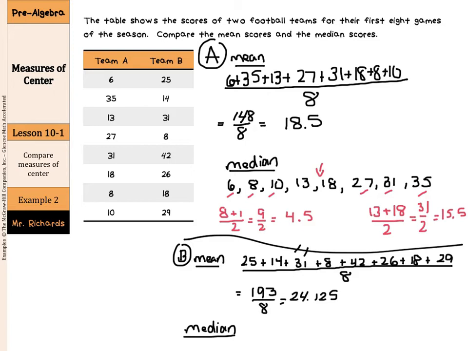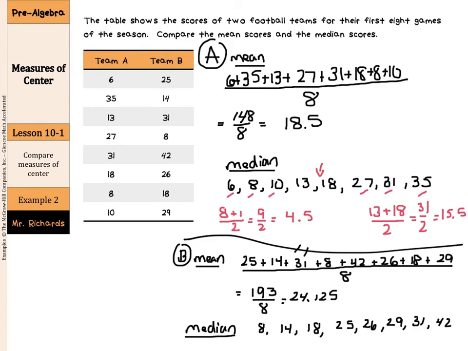Their lowest scoring game was 8, followed by 14, then 18, 25, 26, 29, 31, and 42. And again, it doesn't hurt to check: 1, 2, 3, 4, 5, 6, 7, 8 games.